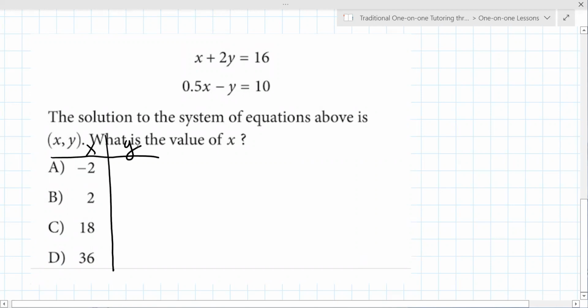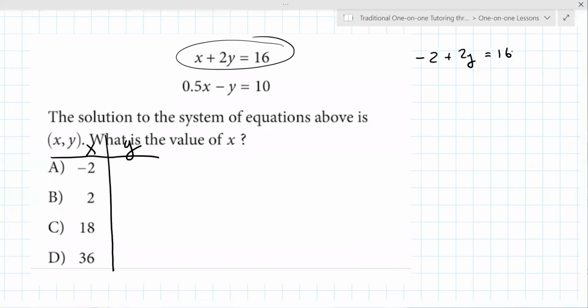Yeah, okay. Now let's look at the first equation. And let's say x is -2. How do we solve this for y? Well, for the y right there, you should be able to just add 2.